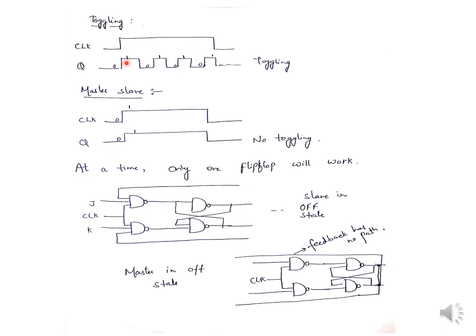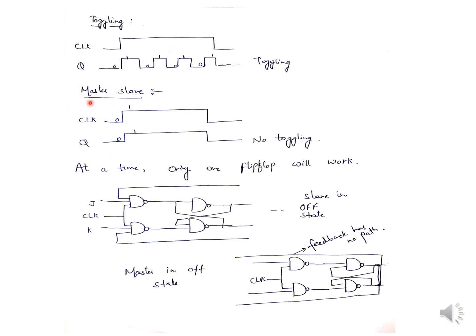If we get the output 1, then again there is feedback, it goes into the input and changes the output. Then if we get the output 0, again it goes into the input and changes the output to 1. So if the clock pulse is high and of long duration, it will toggle. That is really not a possible case. That is not what we really want.